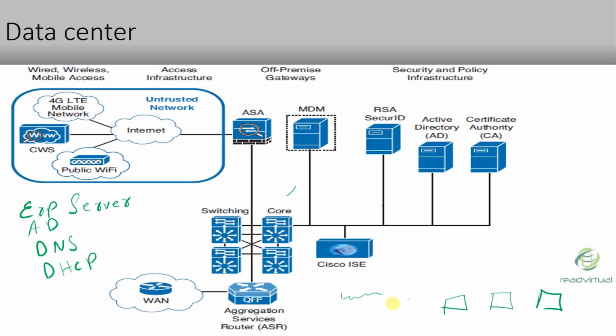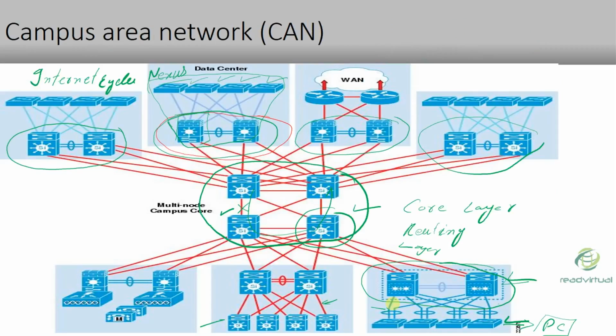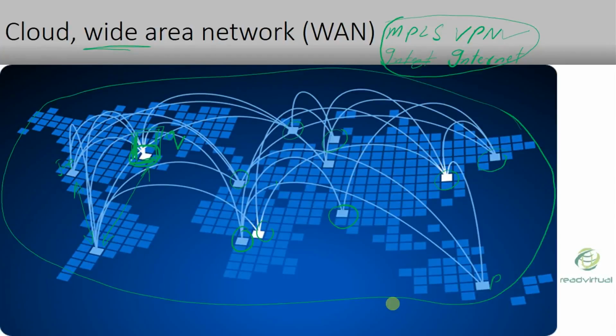For example, in the campus area network we have different security, according to the users, because users run different applications. As per their applications, we will use different security parameters and different firewalls, especially designed for the user area, the campus area network. If we move to the WAN, it is a different network, because now we are connecting to the world, maybe via MPLS VPNs or internet VPN.